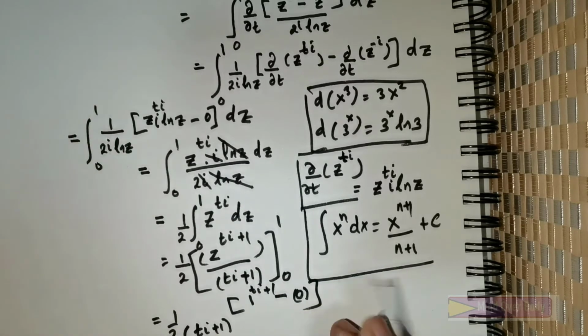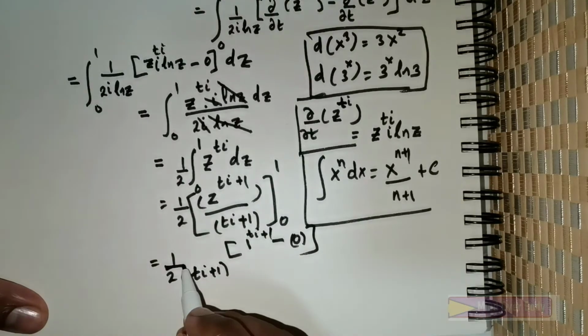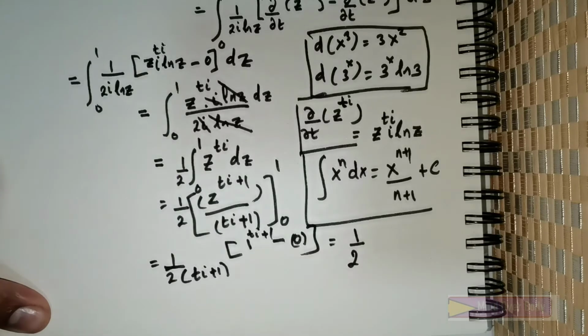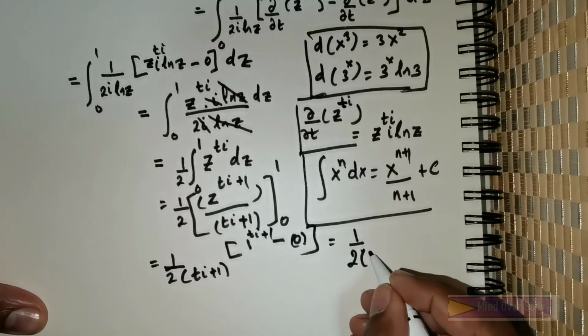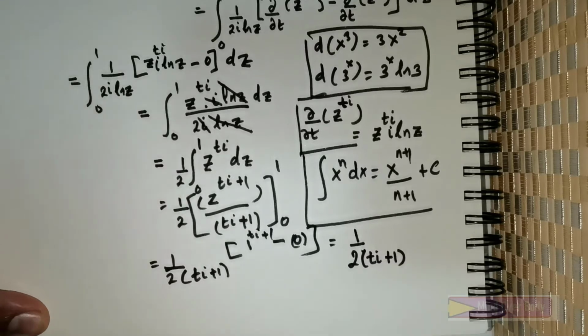Now this is going to be giving me 1 over 2, 1 raised to the power ti plus 1, that's going to be 1. So what we are getting is 1 divided by 2 times ti plus 1. This is what we have got.